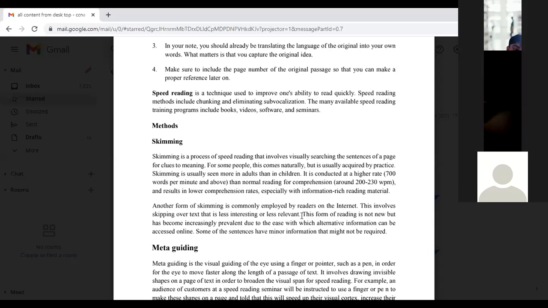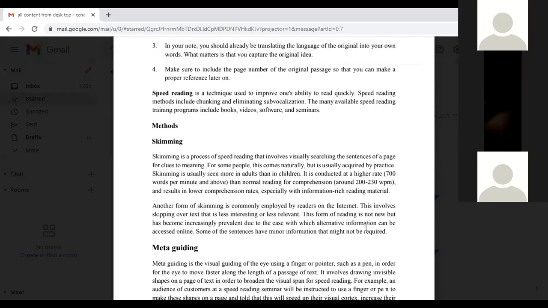We skip it. If there are 20 points and 7 points are irrelevant, then you will only take down things which matter to you. And the rest you delete, skip, and move ahead, leaving it. That is called skimming. Quickly moving your eyes, quickly moving your finger to avoid irrelevant matters.